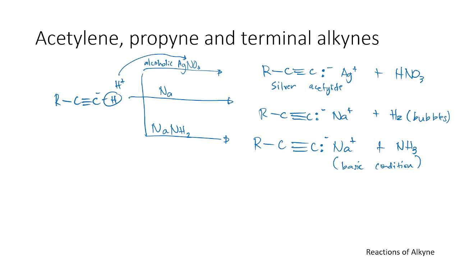So basically, if you have 2-butyne and you expose it to alcoholic silver nitrate, nothing will happen. Same with sodium, same with sodamide. So these reactions, utilizing the acidity of acetylene, propyne, and terminal alkynes, will actually help you determine whether your alkyne is a terminal alkyne or an internal alkyne.